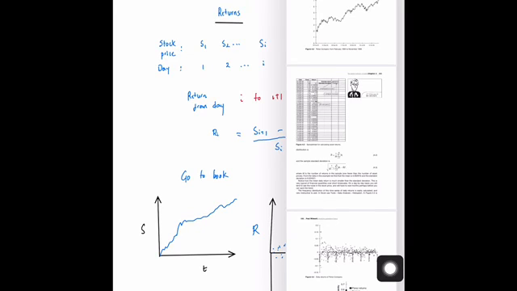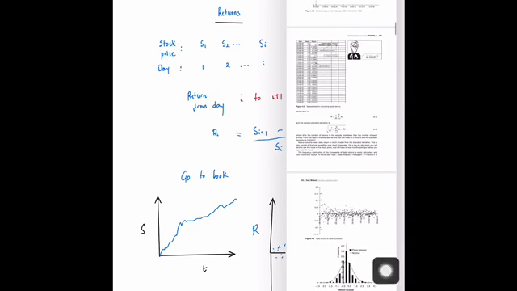You take these returns and look at how many returns you have. You will have a very large number of returns around a particular point, which is called the mean value of the returns, and then the other returns are away from the mean in each direction. The number of returns will be more or less similar on both sides.